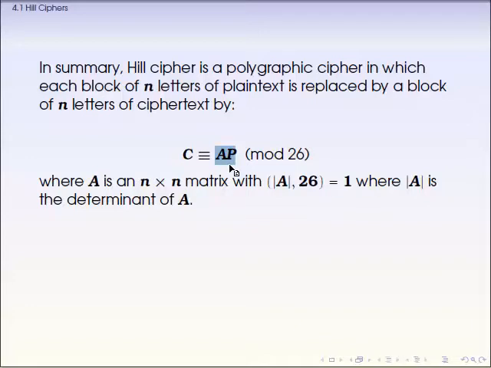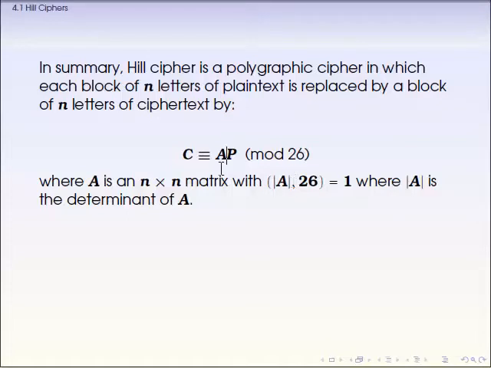Of course, at this moment, the determinant of A should be relatively prime with 26, right?